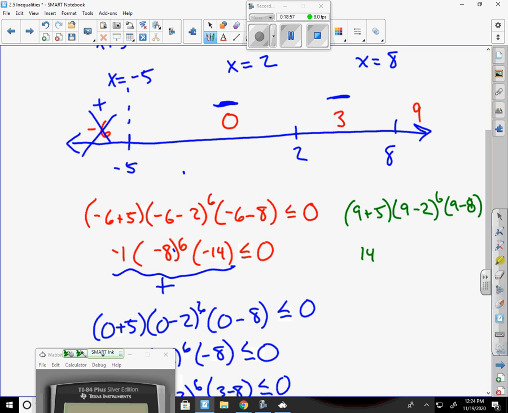Gives me 14. This is 7 to the 6th power, and this is positive 1. Positive times a positive times a positive means that this is going to be positive.